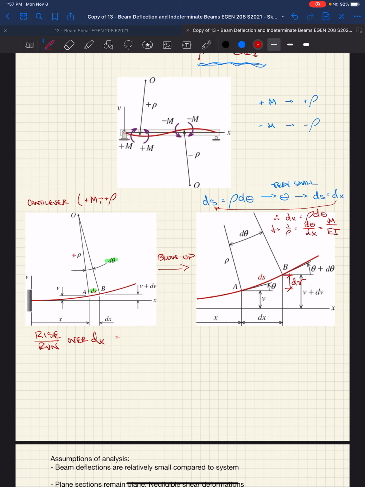At any given point, our deflection is dV. If we're looking at a small section of this diving board, the change in our deflection is this dV. That would be our rise. Over the run, that's just dx, the distance we're looking over. So the slope as we go from A to B is the rise over the run, dV over dx.